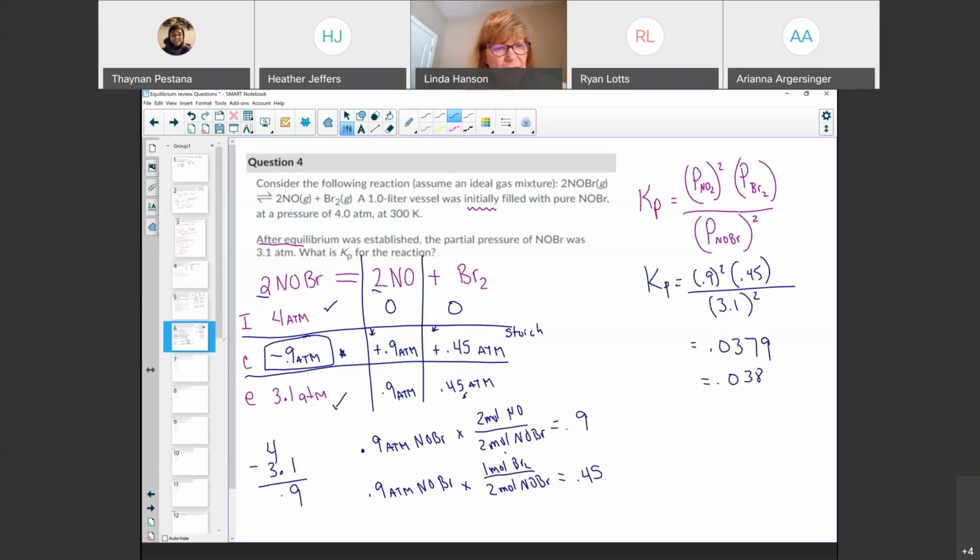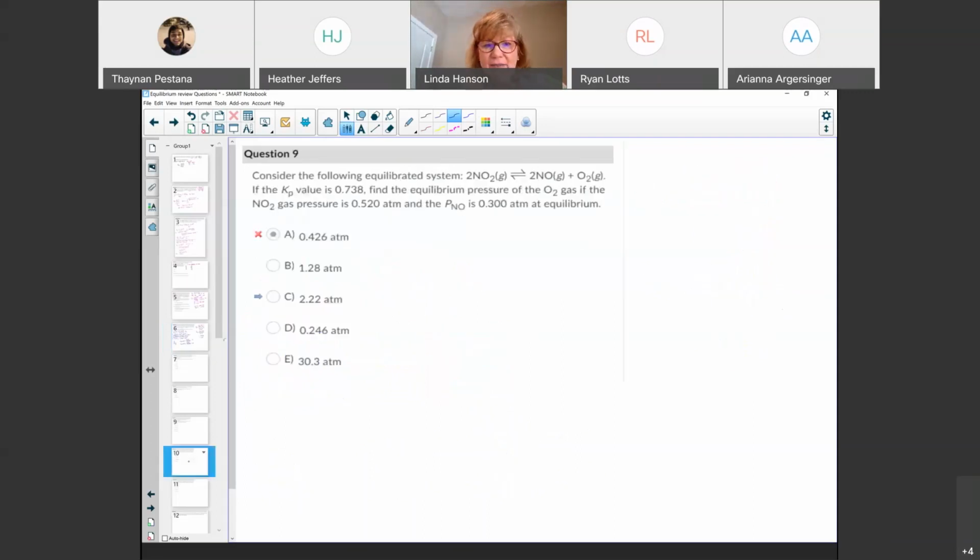All right, I'm going to try to go through and find a different example. I'm going to skip ahead a little bit. Let's try, not that this is challenging, I'm just trying to find something that's a little different. So here's a question, I'll write with you. It says we have an equilibrium between two NO2, two NO, and O2.